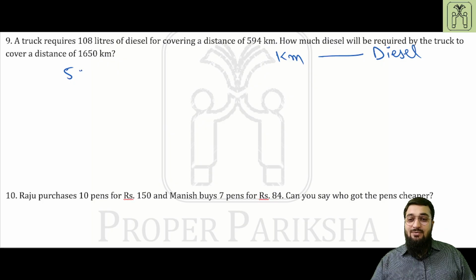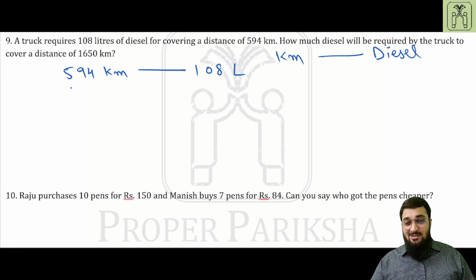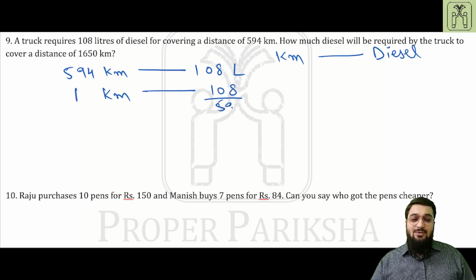We will write 594 kilometers can be traveled on 108 liters, but this is the basis and this is the answer which is to be calculated. We will convert that by dividing by 594. So 108 and 594.